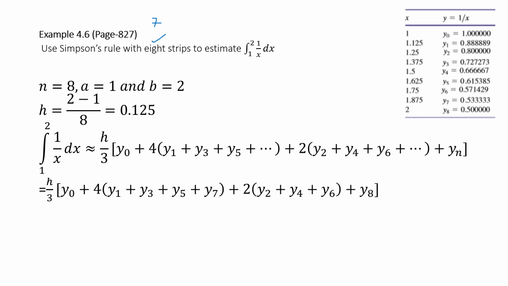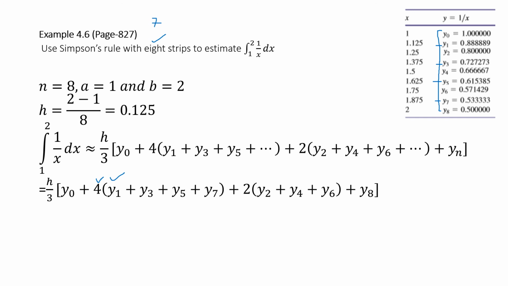We have looked from 0 to 8. So the odd ones will be added in the first bracket and will be multiplied by 4. The remaining even ones, how many even left?